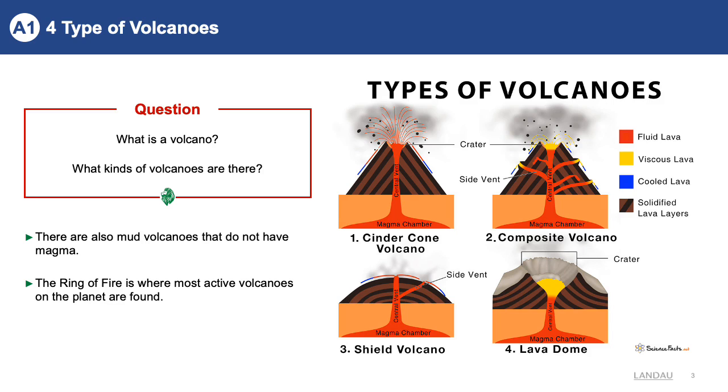Geologists and professional volcanologists usually classify volcanoes into four different types based on their shape, magnitude, structure, material, meaning the type of liquid rock in their magma chamber, and the type of eruption. The four major types of volcanoes, as seen here on the slide, are the cinder cone volcano, the composite volcano, the shield volcano, and the lava dome.